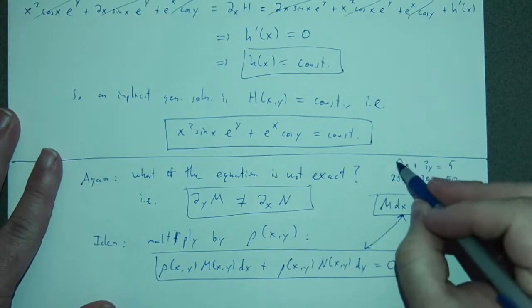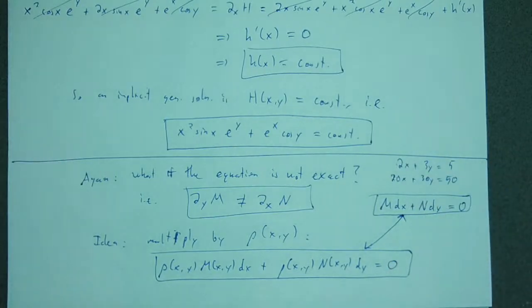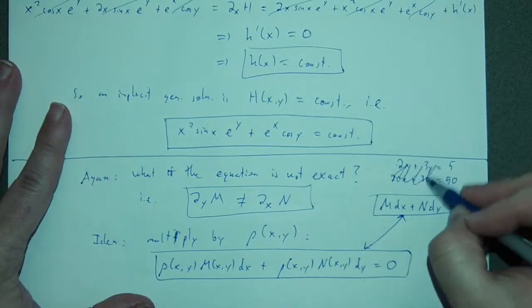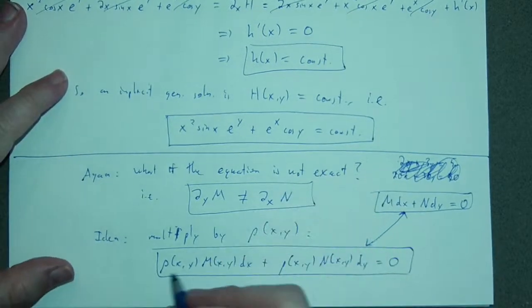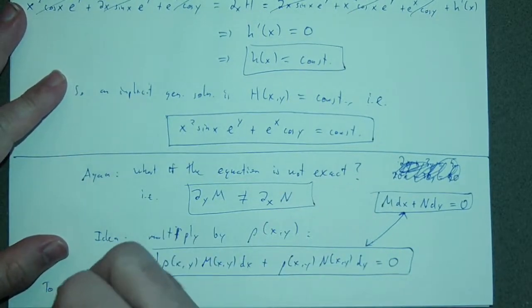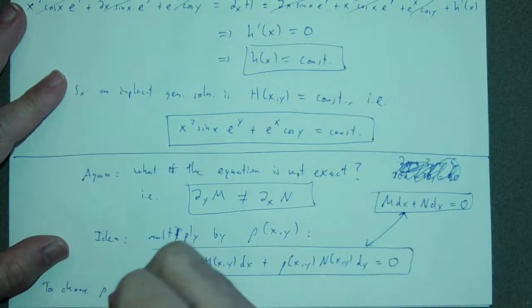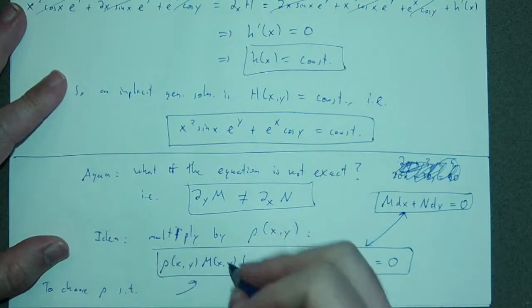Both of these are the same equation, so both have the exact same solution set. Something similar is true when multiplying through by this non-zero rho. So rho is not just any function. The idea is to choose rho such that this is exact.